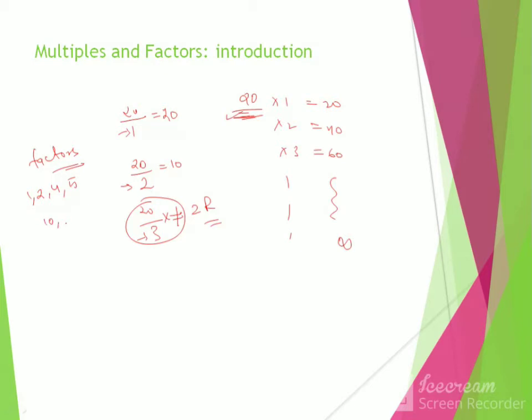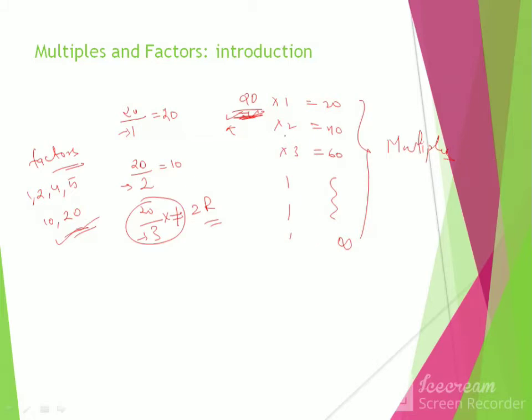We'll be getting 10 as the divisor and then next 20. So these natural numbers, not greater than that number, which are exactly dividing the given number are called factors, and with the given number if we multiply with the natural number, what we are getting is nothing but multiples.